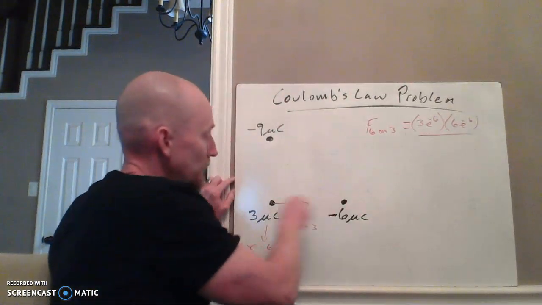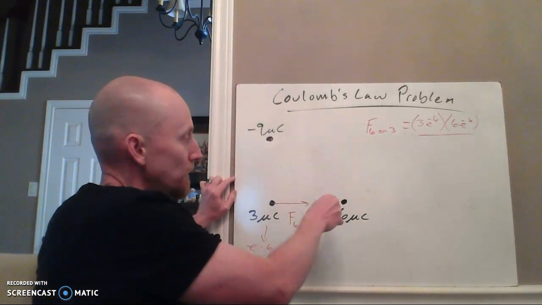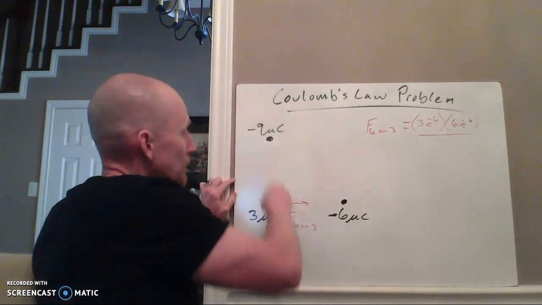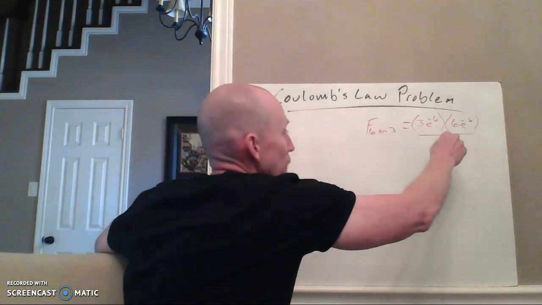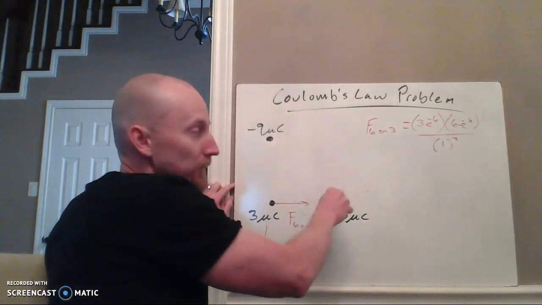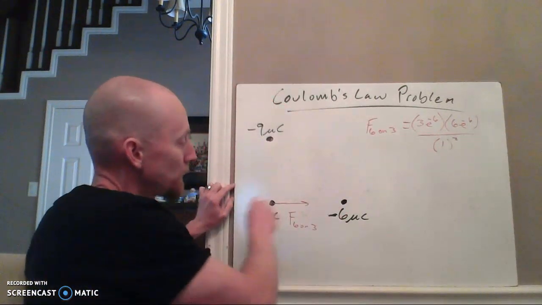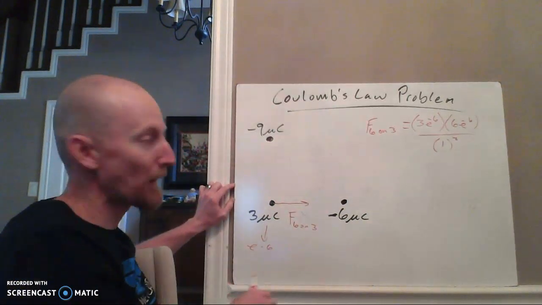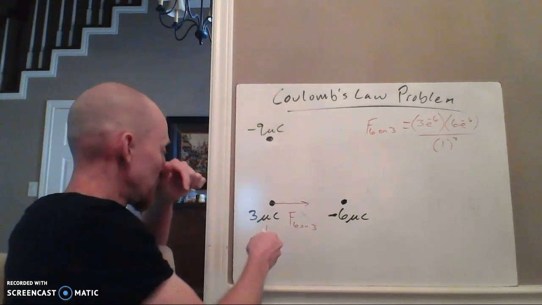And then there's a certain distance between them, right? And so whatever that is, let's make these 1 meter. So this is easy, 1 meter squared. Let's say that this distance is 1. And so that would be this force. That's the math I would do for that force.